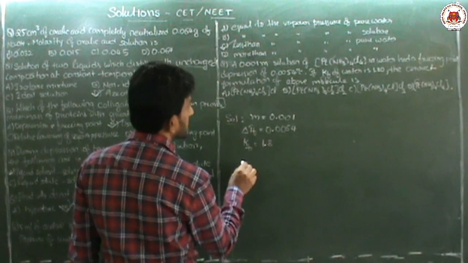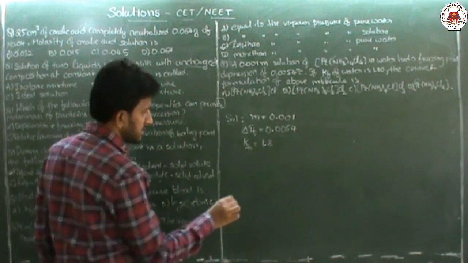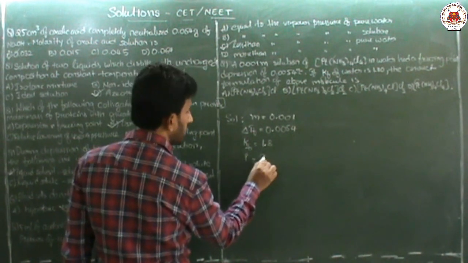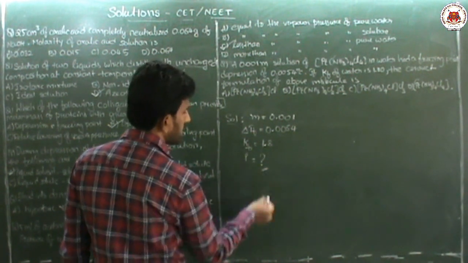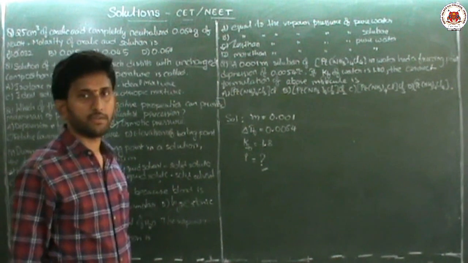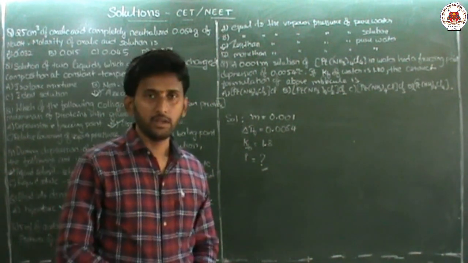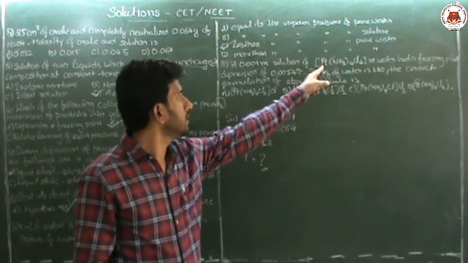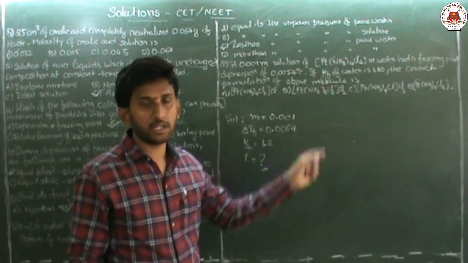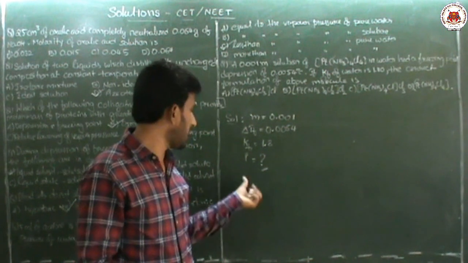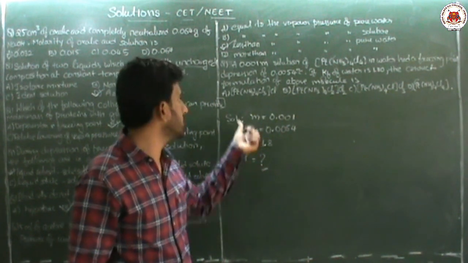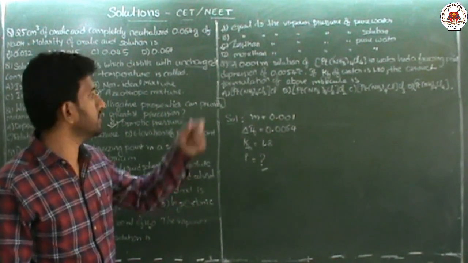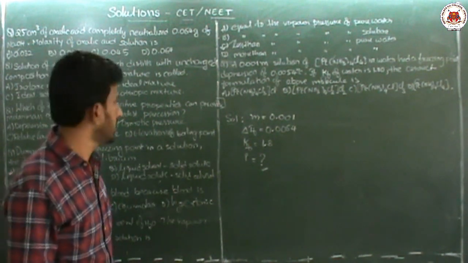To find the correct formula, you should first know the van't Hoff factor i, which tells how many ions the molecule produces when dissolved in water.